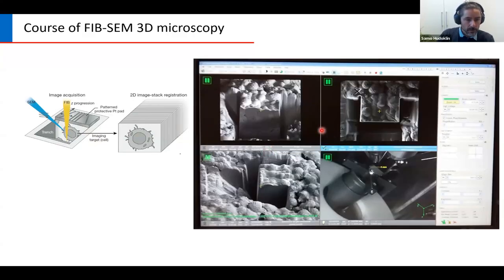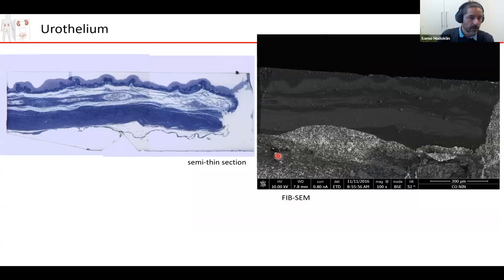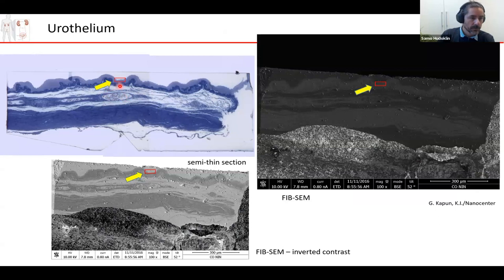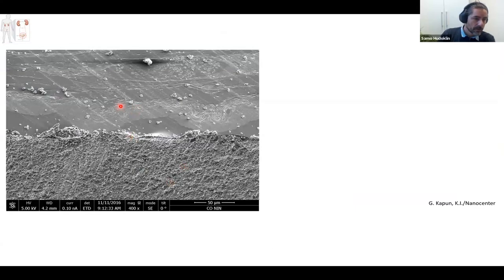How that looks like, this is the trench that you mill with the FIB, and then you decide which part of the section of your sample you would like to reconstruct. Here are the semi-thin sections. We said, okay, let's reconstruct this part, and this is the image in the SEM in the FIB machine, and this part is the epithelium.